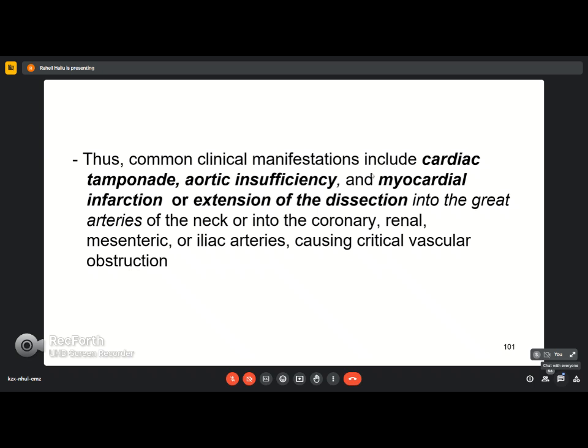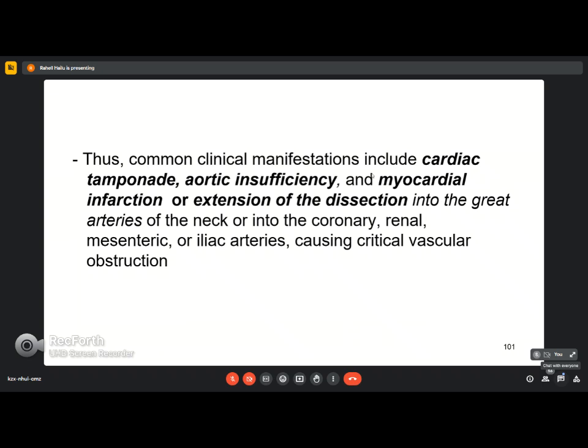Aortic insufficiency is also a major manifestation because now there is dissection going on. The aorta will not be able to accept the pressure that is pushed from the left ventricle, and that can result in a backflow into the left ventricle, resulting in some sort of overload and congestive symptoms.